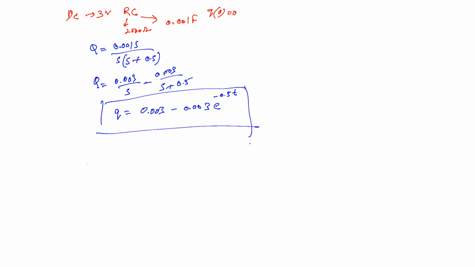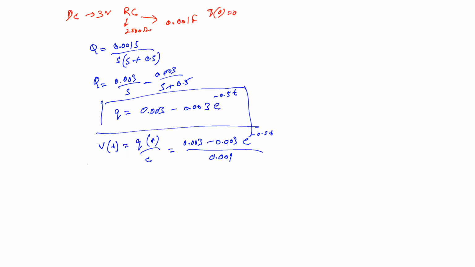Now we know that V equals Q by C. So the voltage across the capacitor is q(t) divided by C, which is 0.003 minus 0.003 e raised to the power minus 0.5t, divided by the value of the capacitor, 0.001.